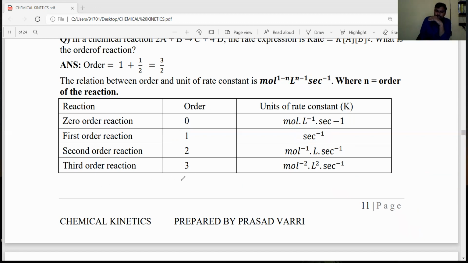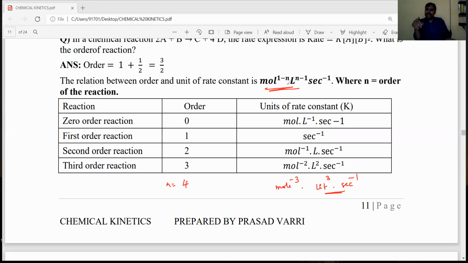If n equals 4, the fourth order reaction, you substitute the n value, and the units are mole to the power of minus 3, liter cube and second inverse. This is the general unit for nth order reactions.